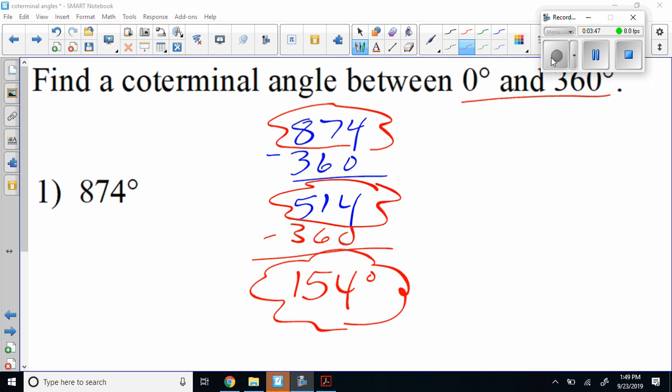There's an infinite amount of coterminal angles, because I can continue adding 360 or continue subtracting 360. I'll never get to something I can't subtract or add 360 to. So just know that we're going until we hit a positive angle between 0 and 360.